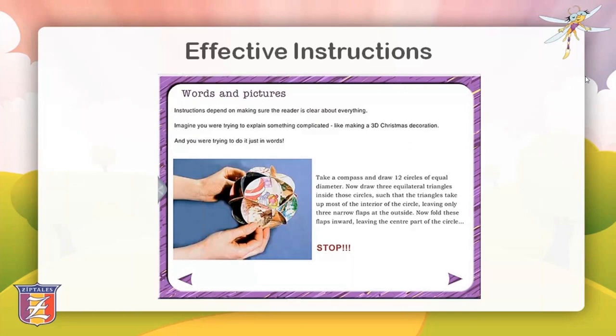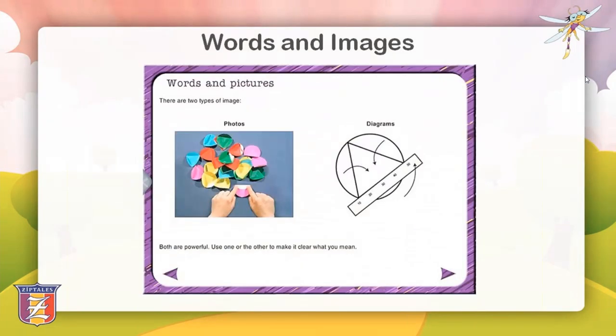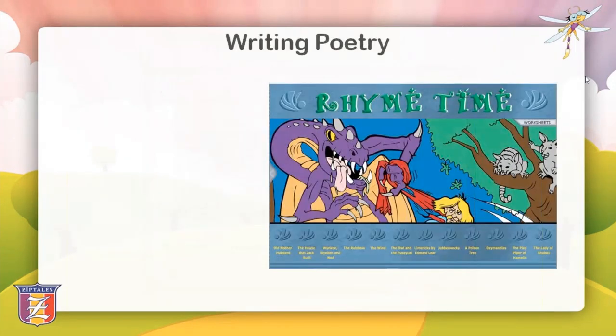We show a little example of how difficult it is to understand, followed by doing the same job with a picture and labelling, which makes the point that to do that, of course, is to make it so much clearer to the reader. The difference between diagrams and photos is illustrated, so they have those two options. Finally, in the lesson, advice is given on how to keep the language simple so that readers or viewers don't lose the sense.